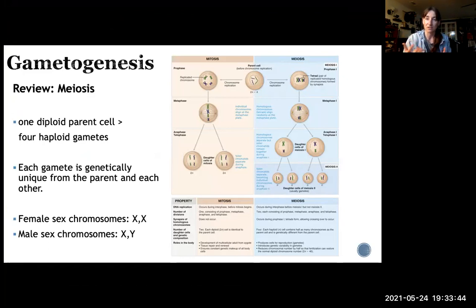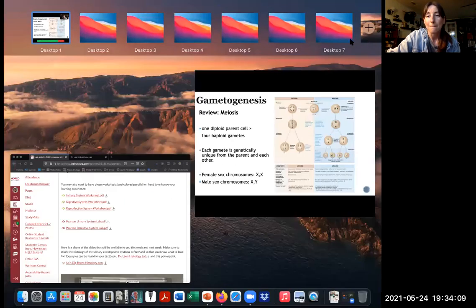So all of the cells in your body besides your gonads divide by going from a parent cell to two identical daughter cells, which are genetic clones of each other and the parent cell. That's just how you heal wounds and grow taller and replace your skin and all of that important stuff.